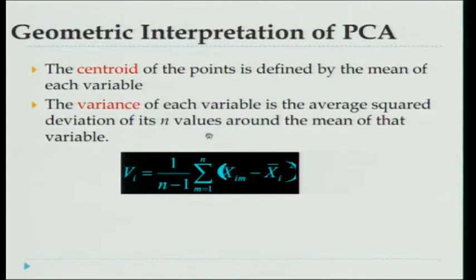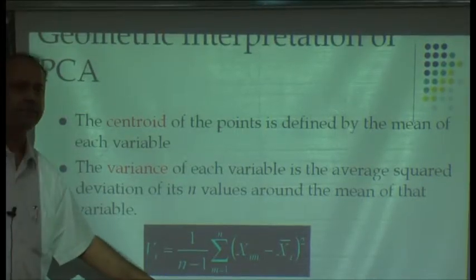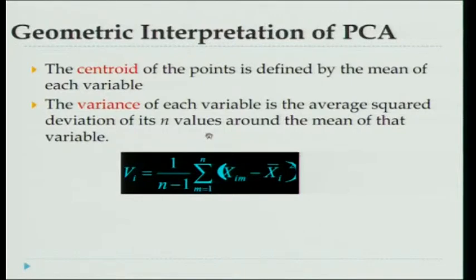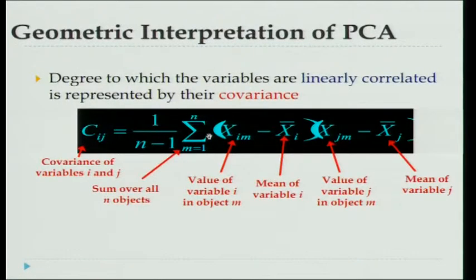The degrees of freedom is n minus 1, so we are dividing the sum of squares by n minus 1, that is why we are normalizing by n minus 1.